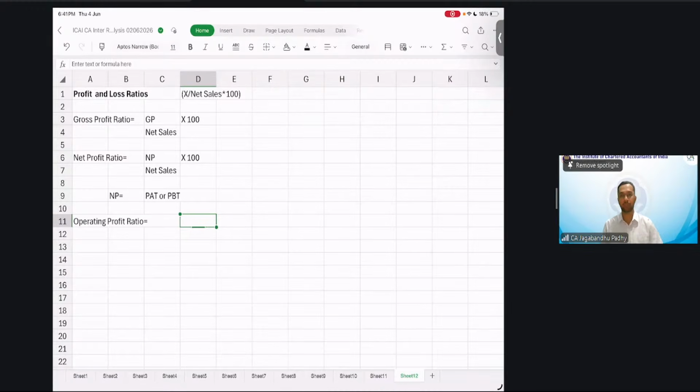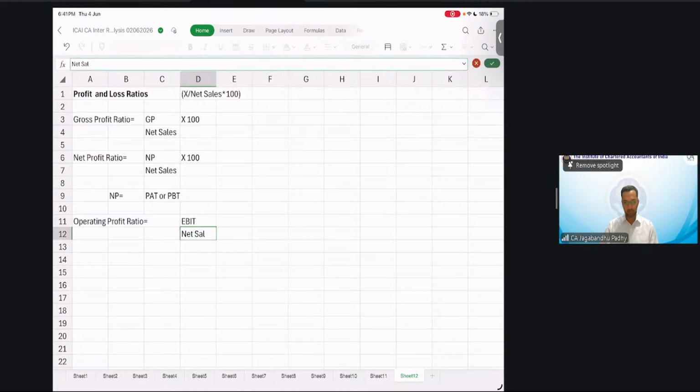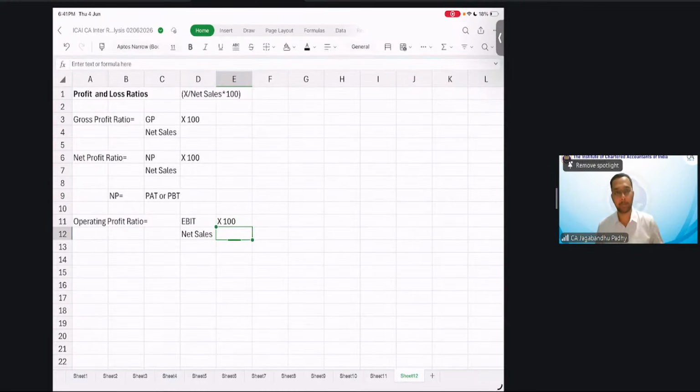Well, operating profit ratio will definitely say operating profit upon net sales, but operating profit is EBIT. So operating profit ratio is EBIT upon net sales into 100.